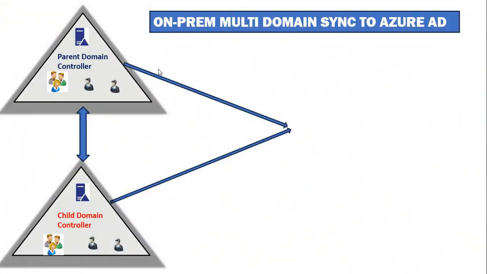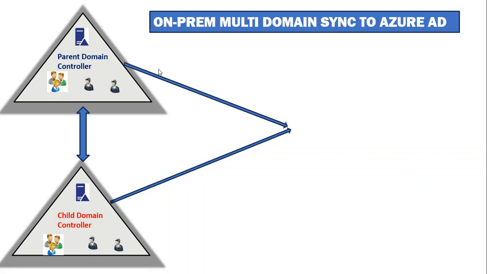Hello everyone. Today I would like to discuss how to synchronize our multi-domain users and groups to Azure. I have already made a topic on how to synchronize on-prem users to Azure.